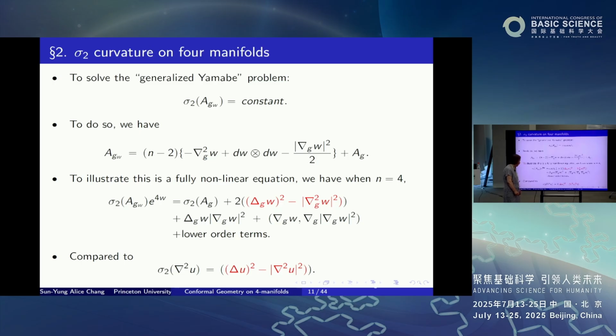And let me remind everybody, if we study instead of the Schouten tensor the Hessian of u, then sigma 2 is just Laplace squared minus Hessian squared. So their leading order terms are the same.